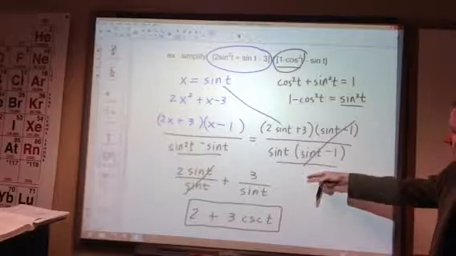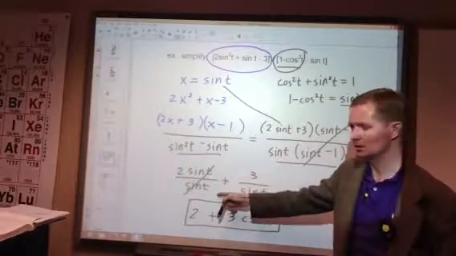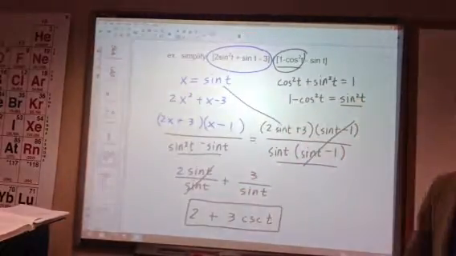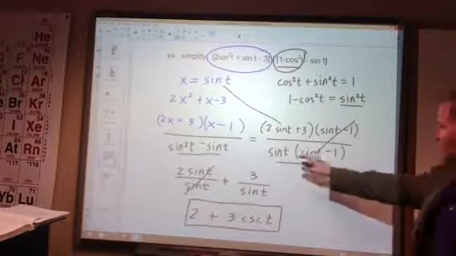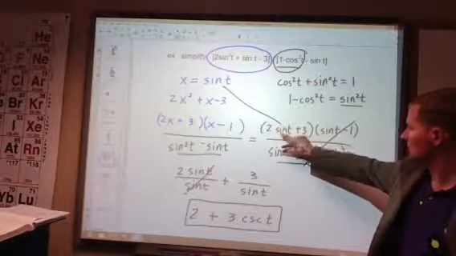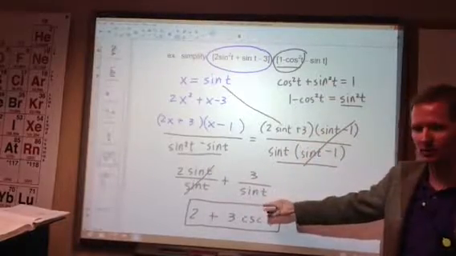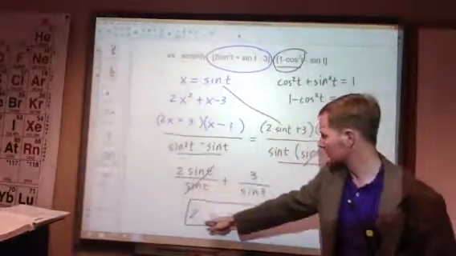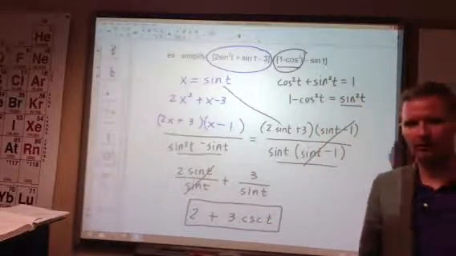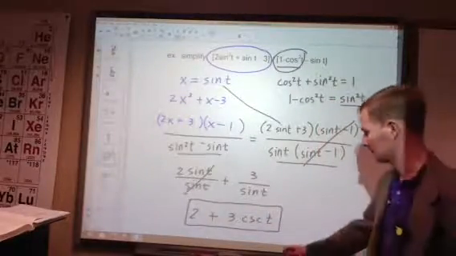Those quantities cancel. Then how did I get from here to here? I split the fraction apart, right? 2 sine t over sine t plus 3 over sine t, which is the same thing. Then my sine t's cancel there, and I convert that to cosecant.